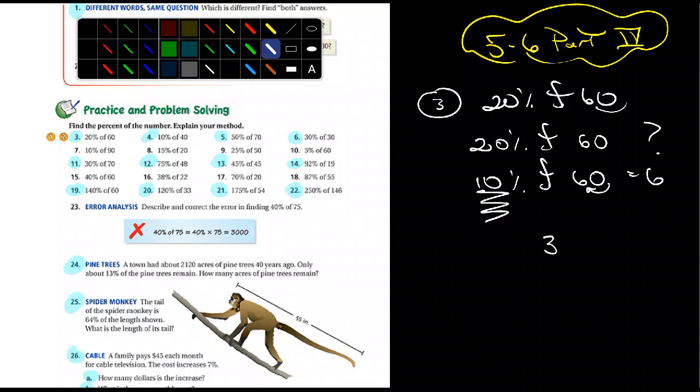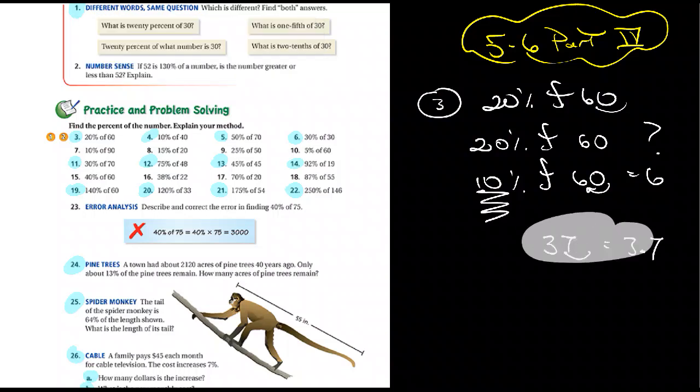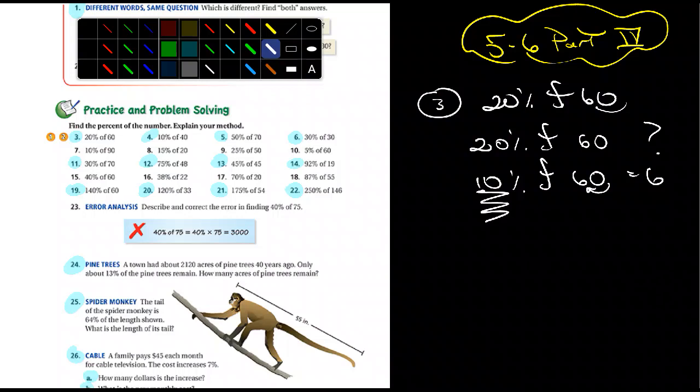If it was 37, it would be 3.7. So he figured out 10% of 60 is 6. Well, it's not 10%, it's 20%, so we just doubled it, so it's 12. So 20% of 60 equals 12. There's number 3 done for you.